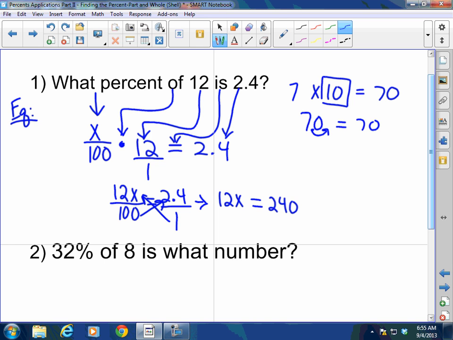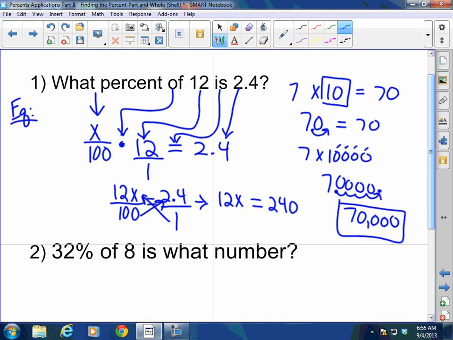So that's 70. If I go 7 times, let's say, 10,000, there's 4 zeros, so you move the decimal 1, 2, 3, 4 places to the right. So that would be 70,000. So whenever you're multiplying by powers of 10, nice even powers of 10, simply move the decimal to the right for as many places as there are zeros.